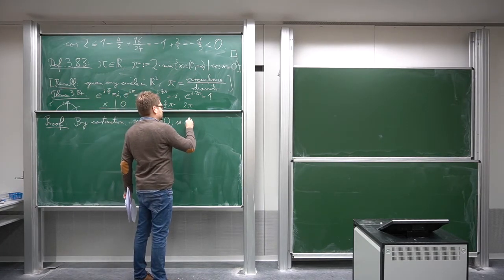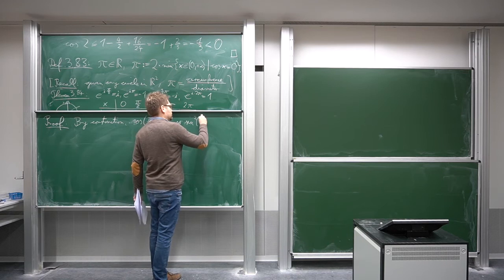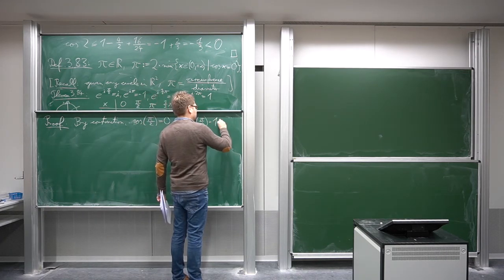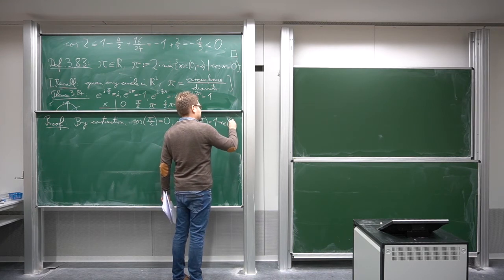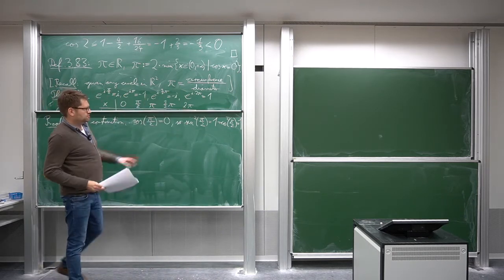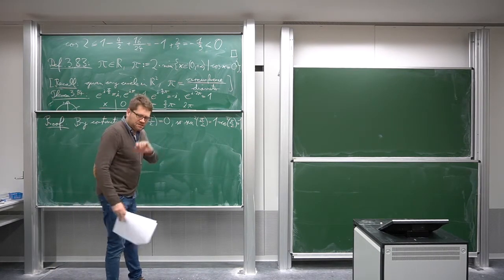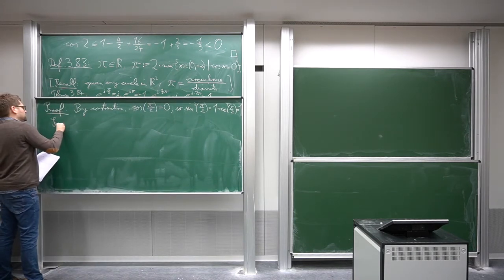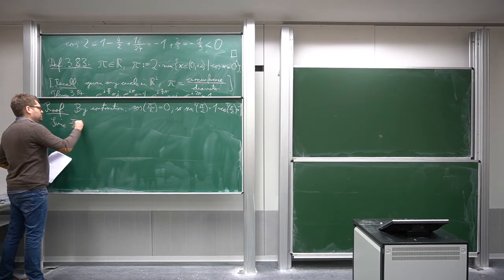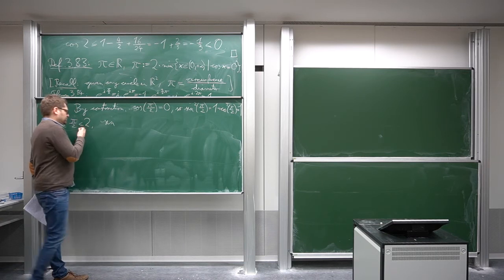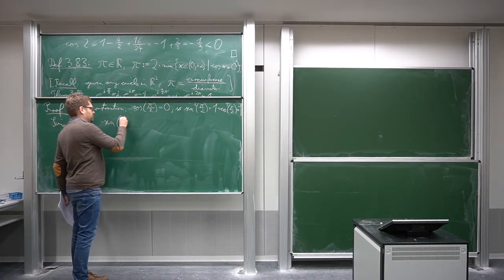So we get that the sine squared of pi over 2, we know that sine squared plus cosine squared is 1, so this is 1 minus cosine squared of pi over 2. And this is 0, so this is 1. So we know that the sine of pi over 2 is either 1 or -1. But we've already seen that, by construction, pi over 2 is smaller than 2, and on the open interval from 0 to 2, the sine is positive.